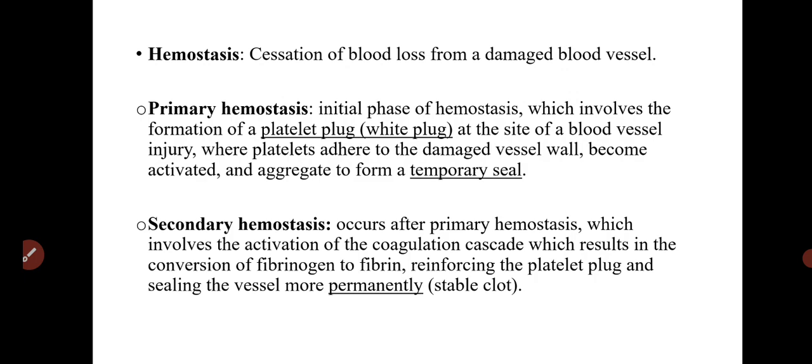Here, the platelets adhere, become activated and aggregate to form a temporary seal. Followed by primary hemostasis, we have secondary hemostasis, which involves the activation of the coagulation cascade, which ultimately converts fibrinogen to fibrin. This fibrin is responsible for clot stabilization, which seals the vessel more permanently.